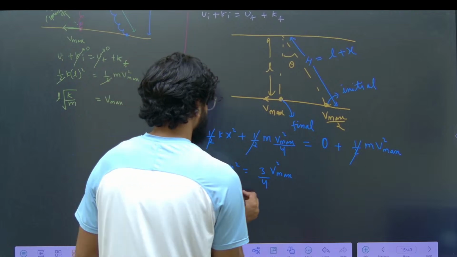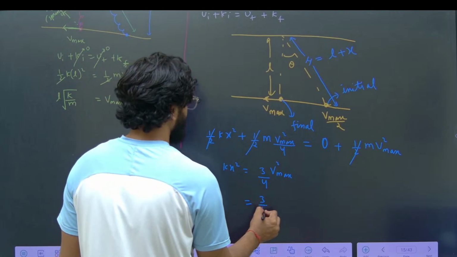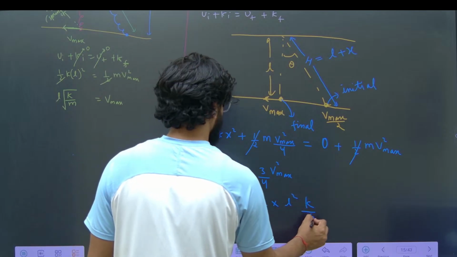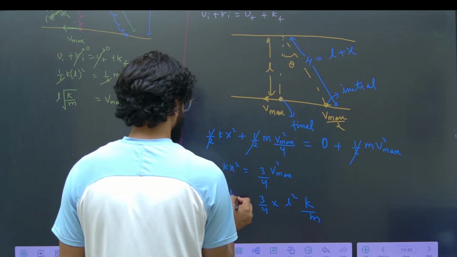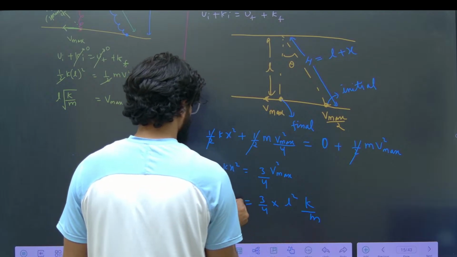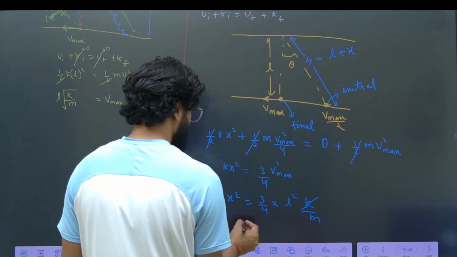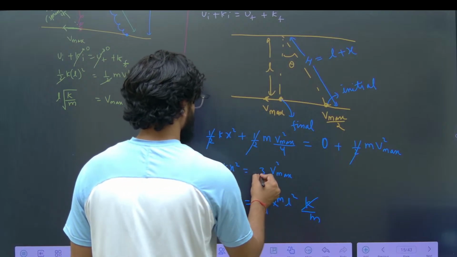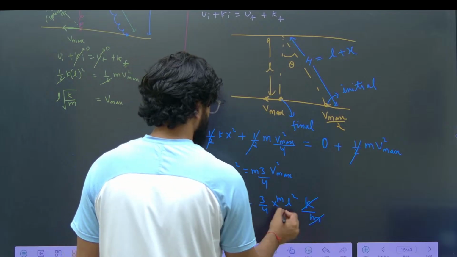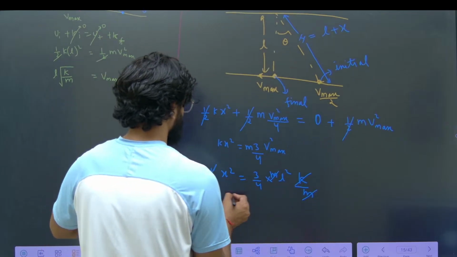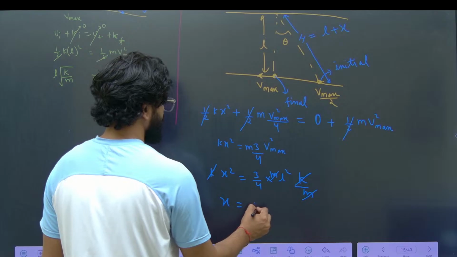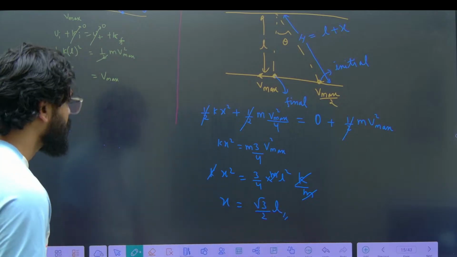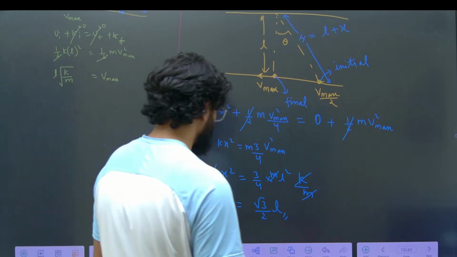So V max square will be this L square k by m, and this is kx square, k getting cancelled out. M was also there, so that gets cancelled out. So x is root 3 by 2 L, still coming the same. Yeah, still coming the same, correct?